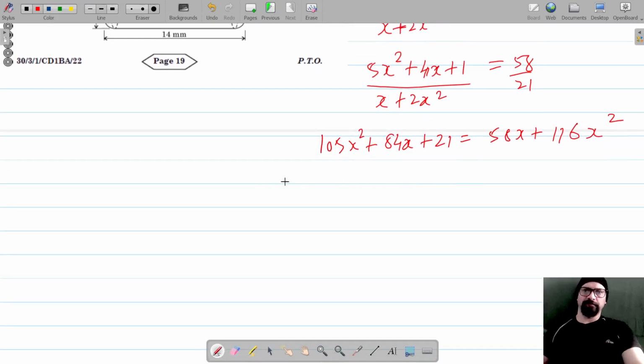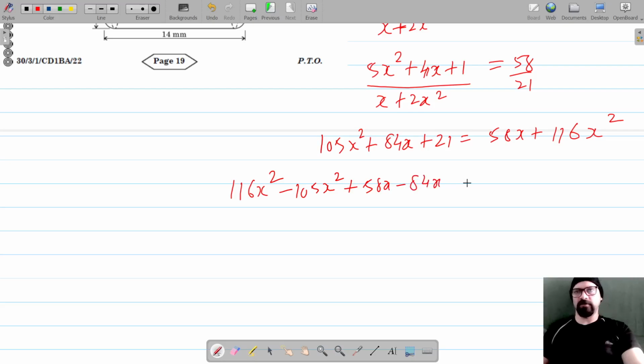Okay, so let me take all these to the right hand side. So 116x squared minus 105x squared plus 58x minus 84x minus 21 is equal to 0.